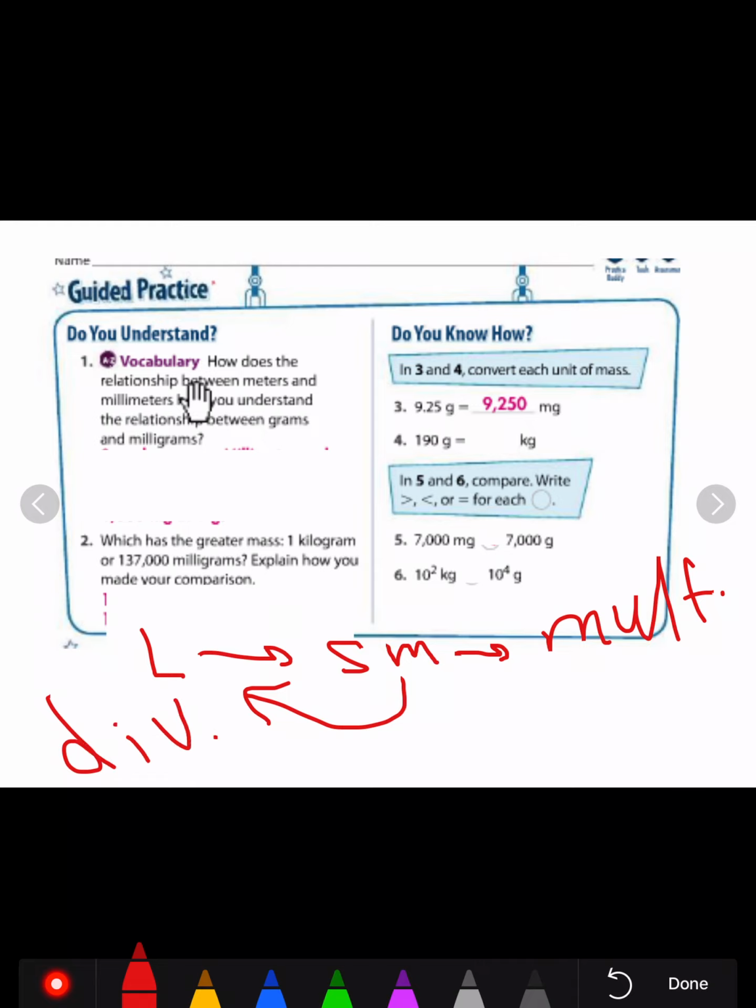So the units are kilogram, which is the larger one, equals 1000 grams, and then 1 gram equals 1000 milligrams. They are related by 1000.